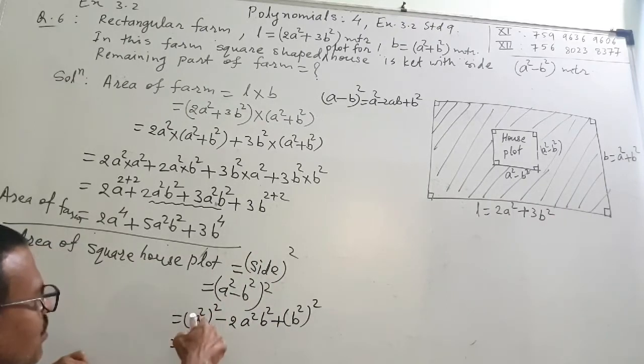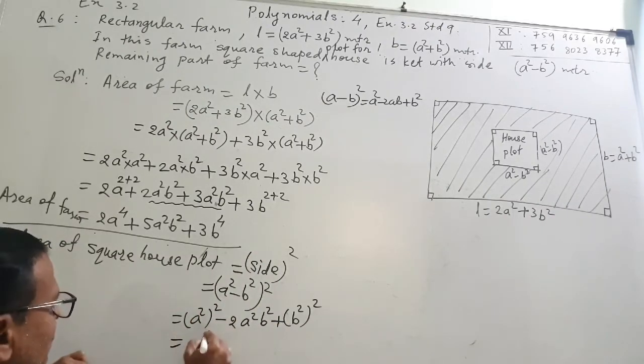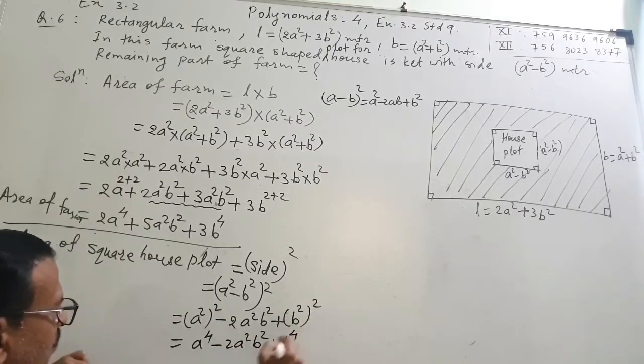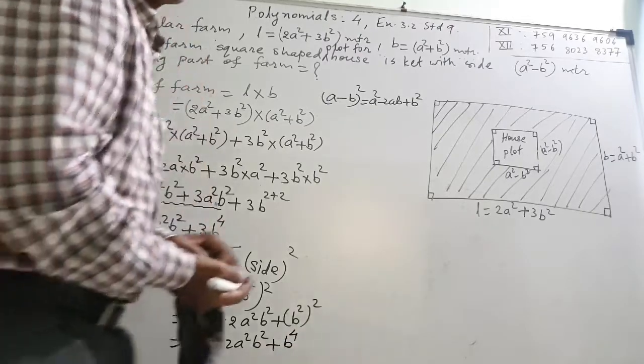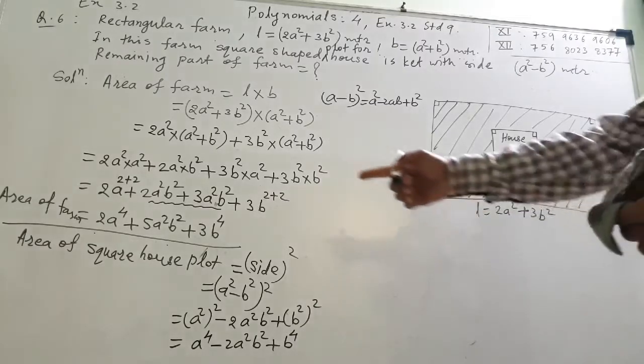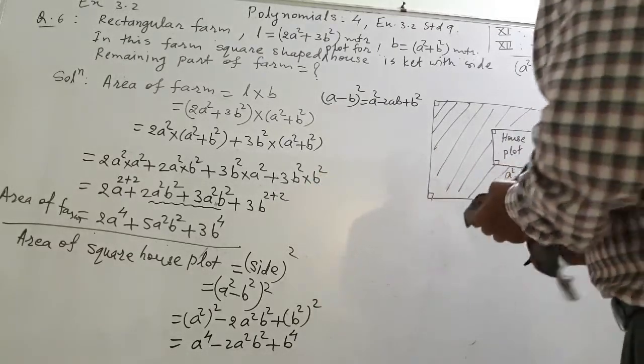So multiplying the indices, a raised to 4 minus 2a square b square plus b raised to 4. Let me see whether you can see on the screen or not. Yes, it has been fitted. Okay, this is the area of the square house plot.